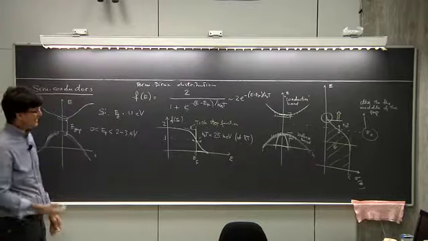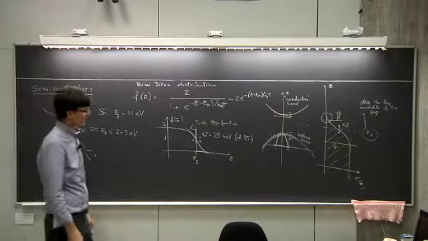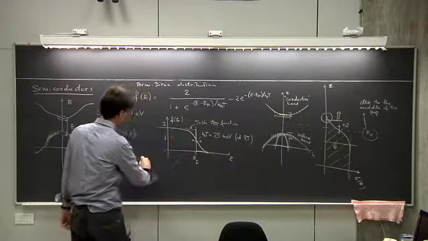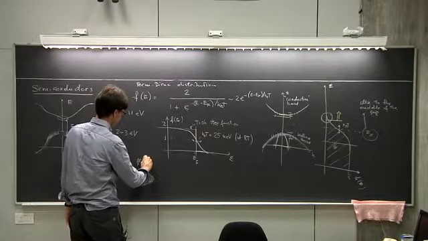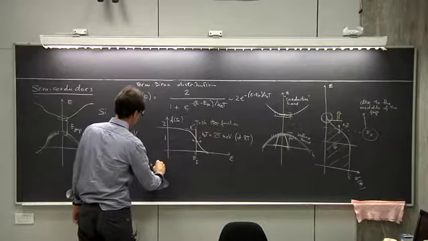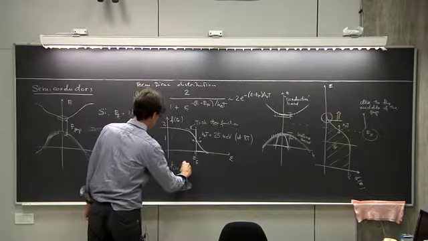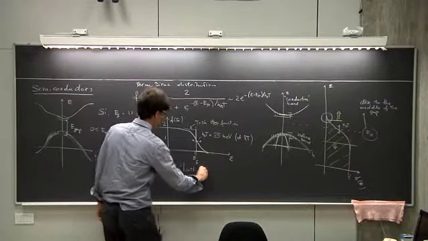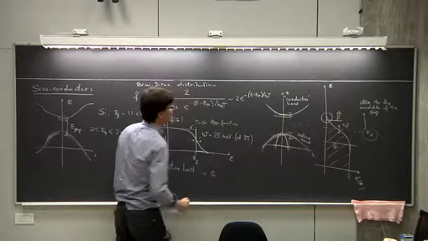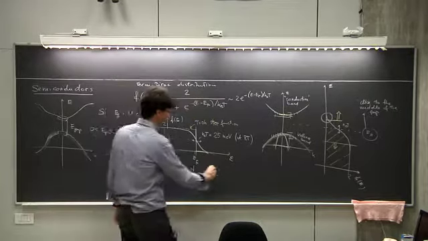So what I can say is that the number of electrons in the conduction band will scale like e to the minus.